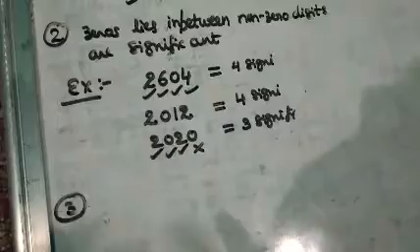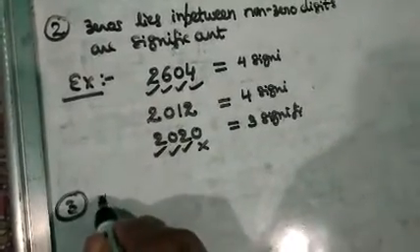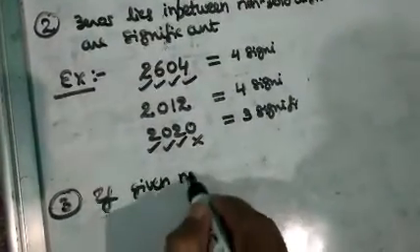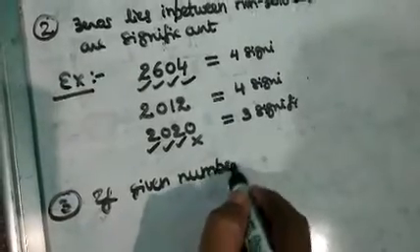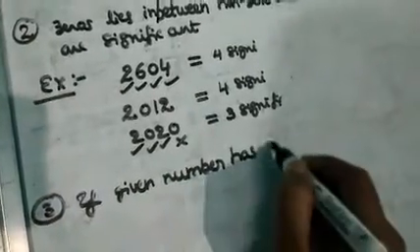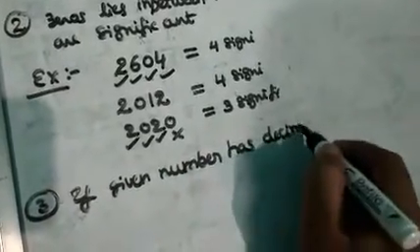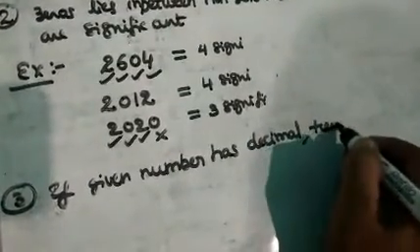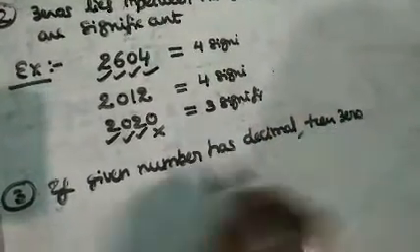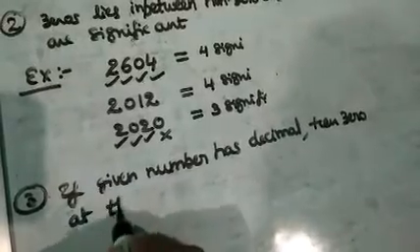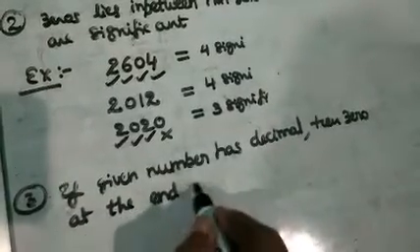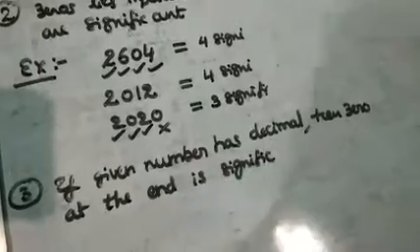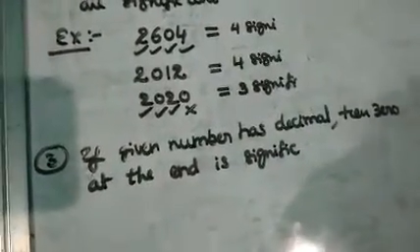Third rule I will tell you. If a given number has a decimal point, then 0 at the end is significant. 0 at the end is significant, remember.